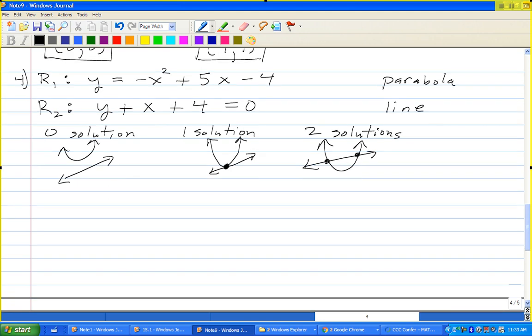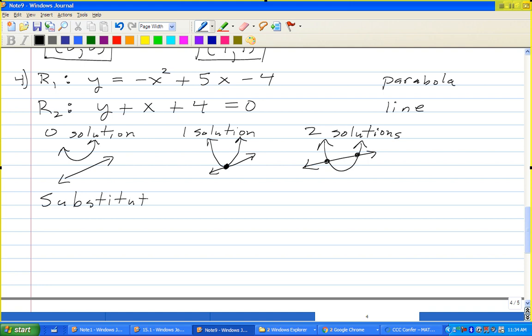So let's substitute R1 into R2, since R1 is solved already for y.